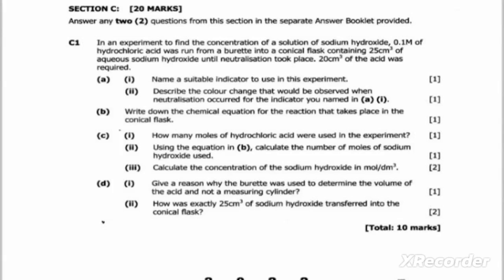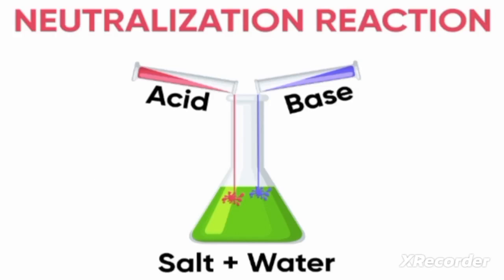The type of reaction we are talking about is a neutralization reaction. The reaction between acid and base leads to production of salt and water. So therefore we expect to see water and salt.